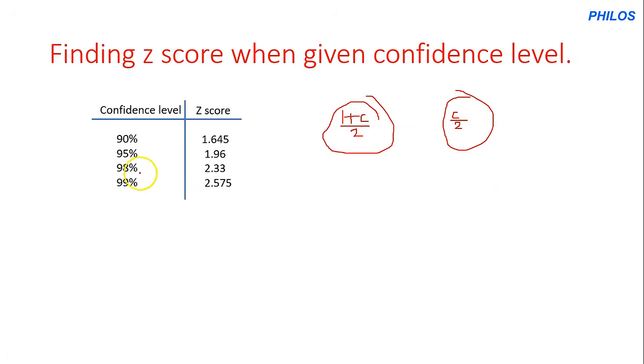Let's check it for 98%. 98% in decimal is 0.98, isn't it? So when we fix it here, we have 1 plus 0.98 divided by 2, and that will give us 0.99. In 4 decimal places it is 0.9900. So let's look out for 0.9900 on the full table.